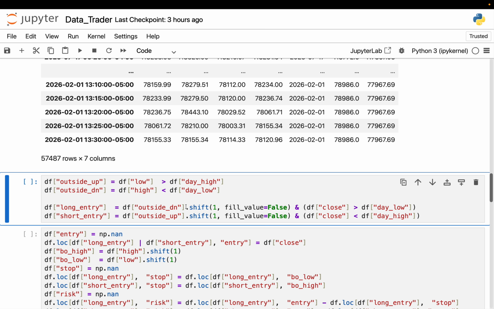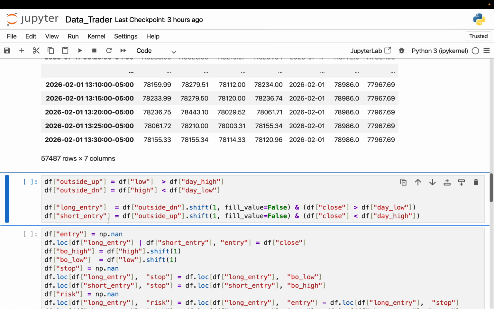Then obviously you just define where you want to have the outside up, the outside down, your long entry and your short entry. This is explained in the very beginning. So we define the breakout as a breakout candle must be fully outside the range.